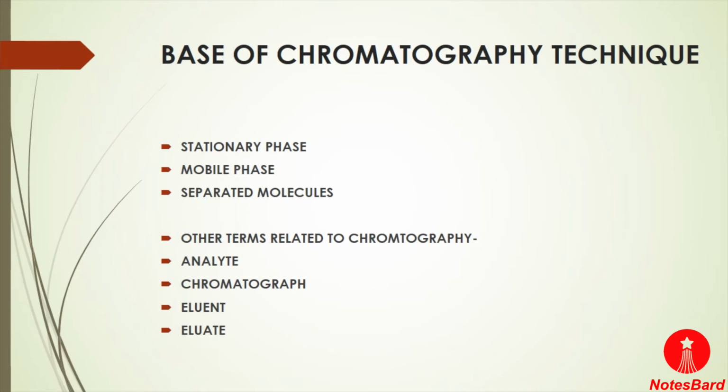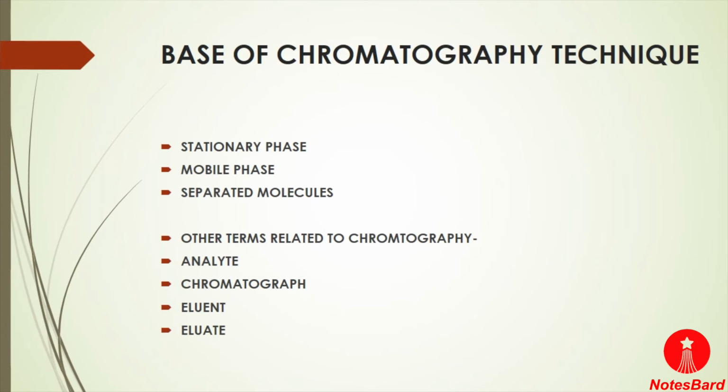The mobile phase has the ability to move in a definite direction. It can be a liquid, as in capillary electrochromatography, it can be a gas, as in gas chromatography, or it can be a fluid. The third is the separated molecules, which are separated during the chromatography technique.